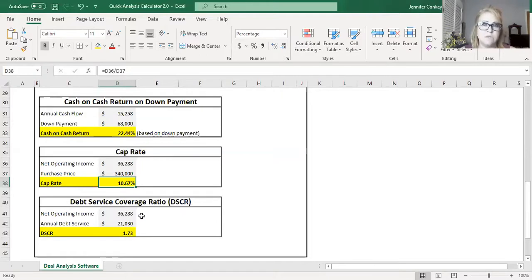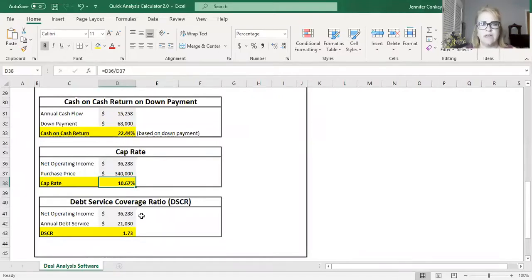What I have found is that most lenders will incentivize you as far as interest rates. They'll give you a better interest rate, or loan you more, or give you fewer points and lower origination fees if you have a higher debt service coverage ratio, because it makes the deal less risky for them. More commonly, I see lenders who want 1.3.